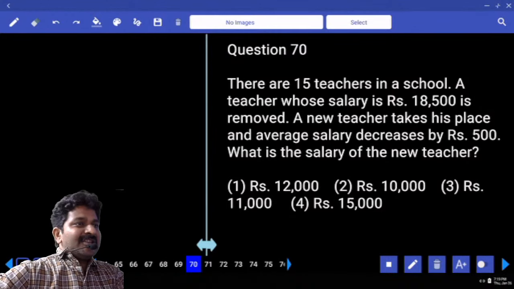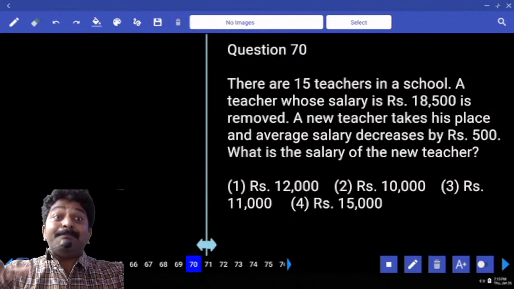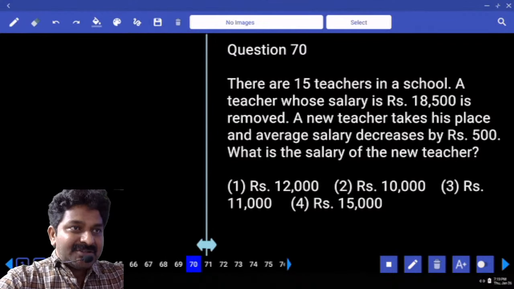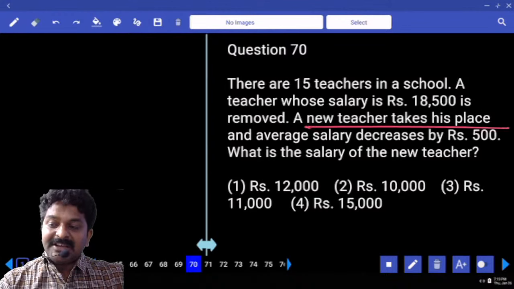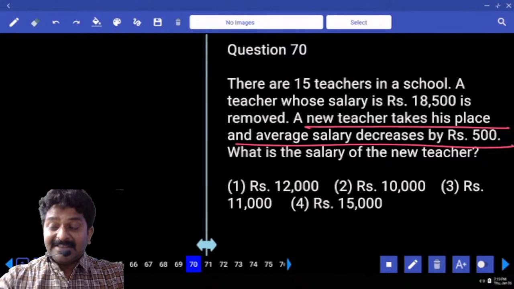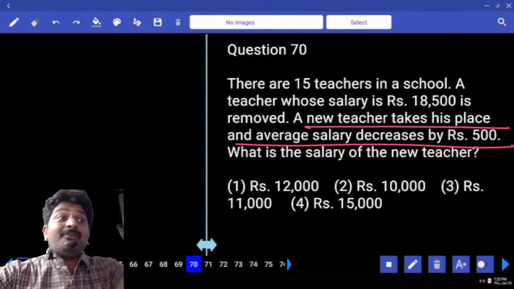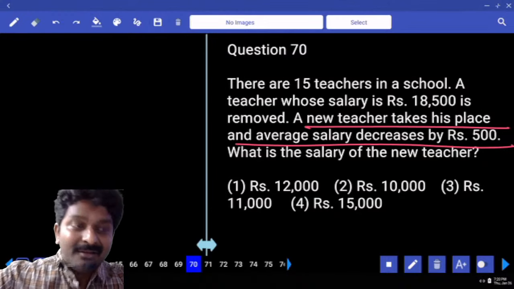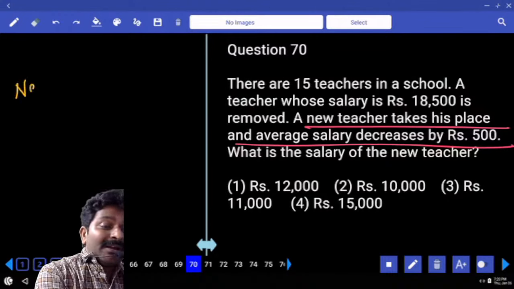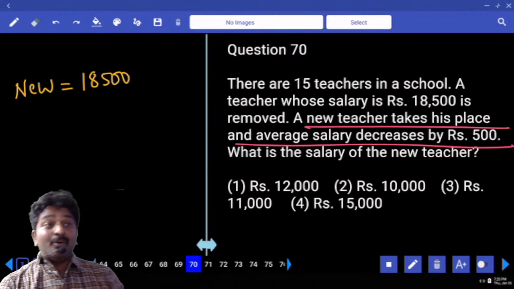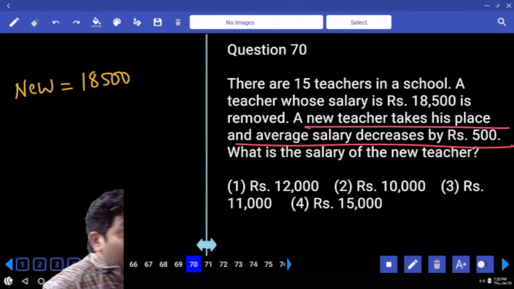So there is no change in the total number of people because this is a replacement. Correct? With the old teacher and with the new teacher, compare their average. The average salary decreased by 500. When did the average get decreased, with the new member or with the old member? That means the new member's salary must be more than the old member's or less than the old member's?